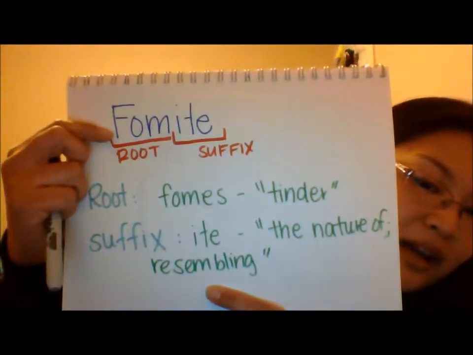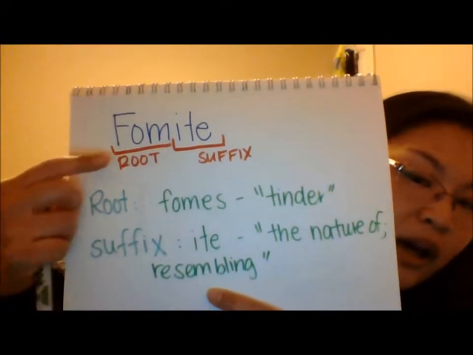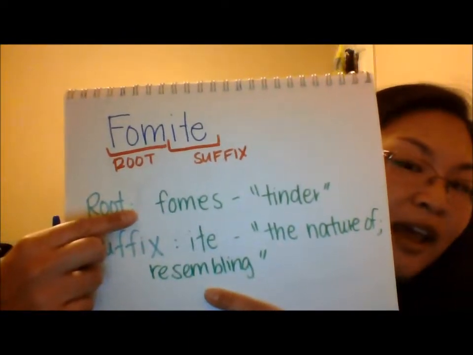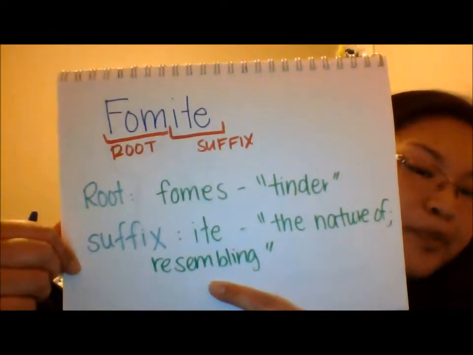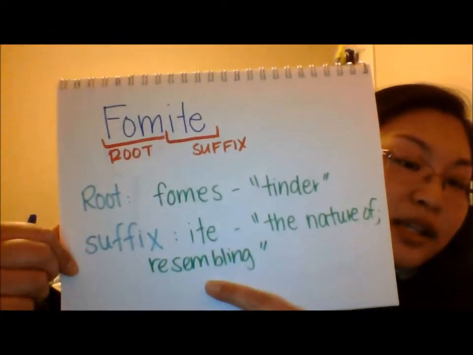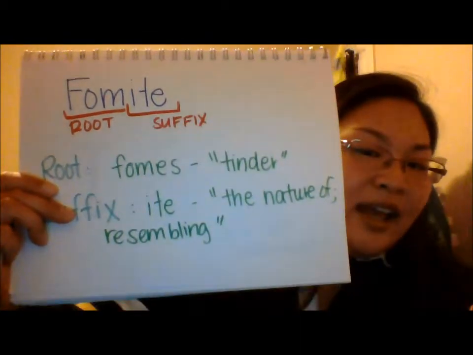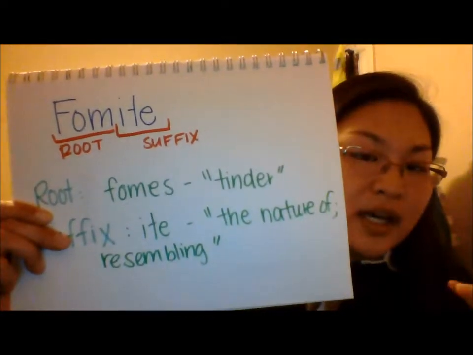But a fomite consists of the root, which is fom, which comes from the Latin word fomes, which means tinder. And then ite is the suffix, which means the nature of or resembling tinder. So if you go literally from the translation, a fomite is something that resembles tinder.